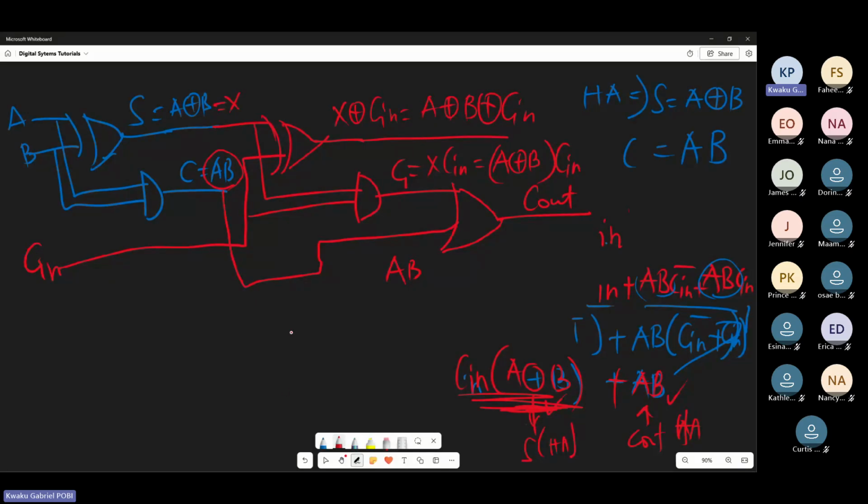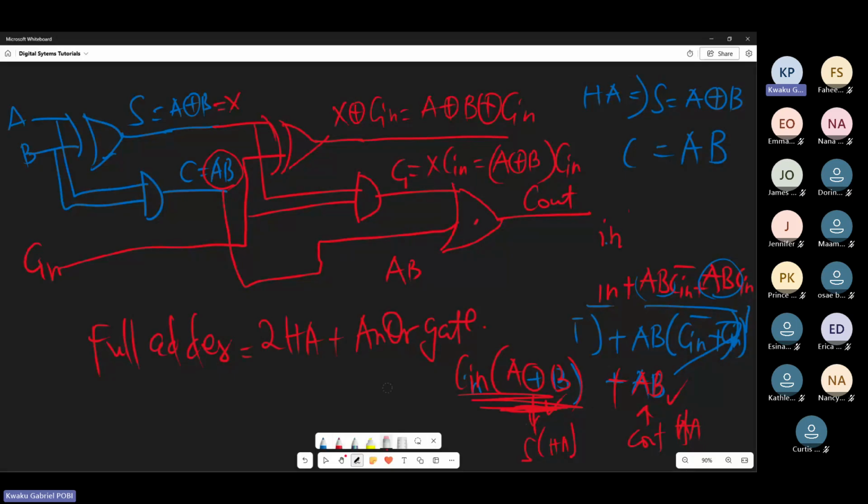So it means I've implemented a full adder using 2 half adders and an OR gate. So a full adder is 2 half adders plus an OR gate, which is this guy.